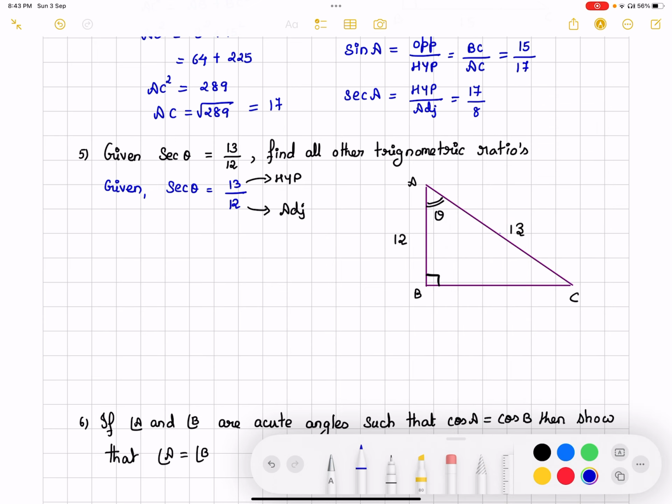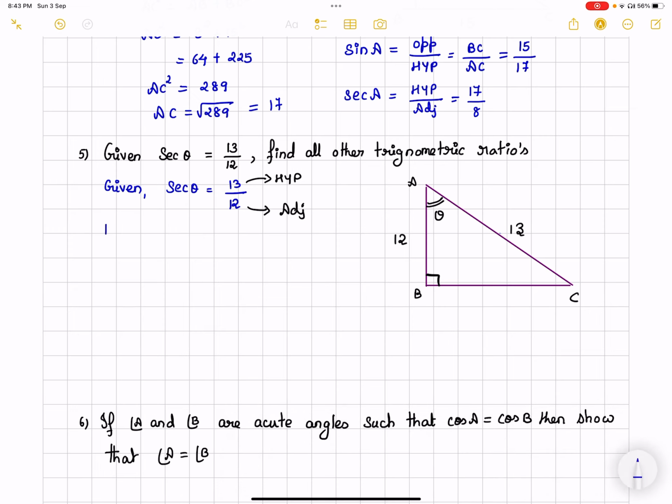Now, by Pythagoras theorem, I would be finding out my BC. By Pythagoras theorem, my hypotenuse square is equal to the sum of the squares of the other two sides, which is AB square plus BC square.